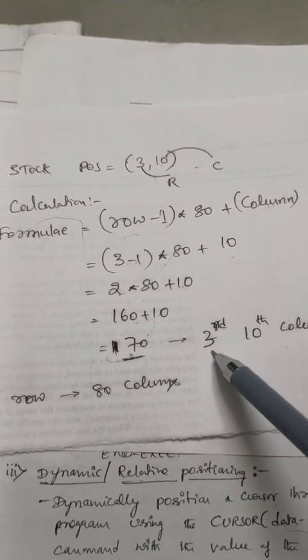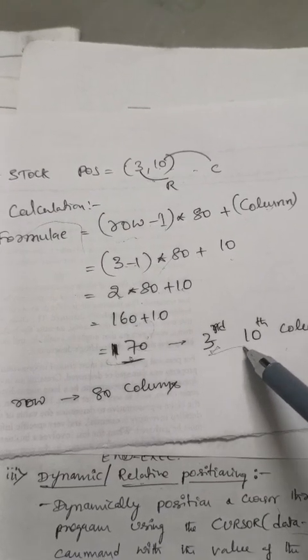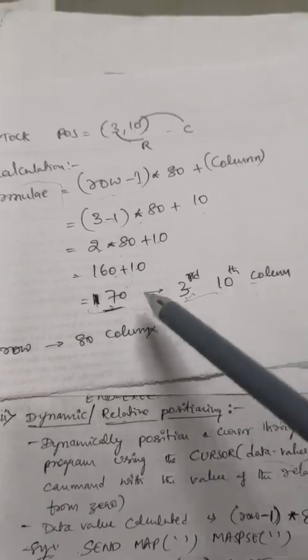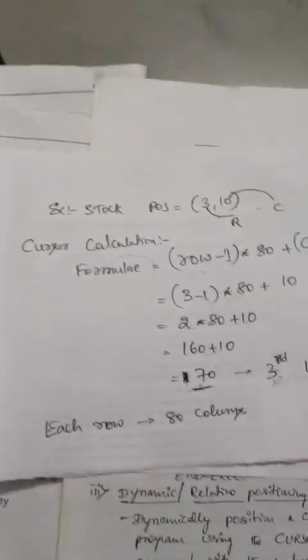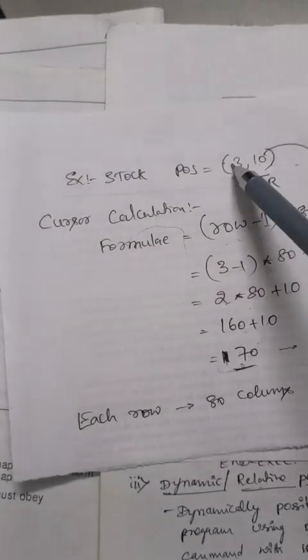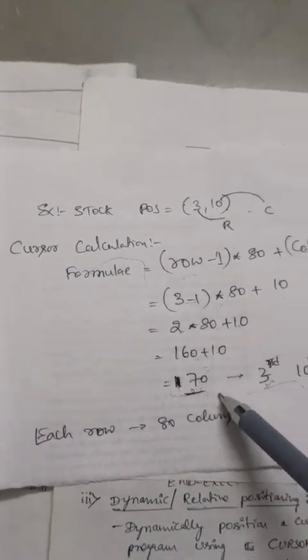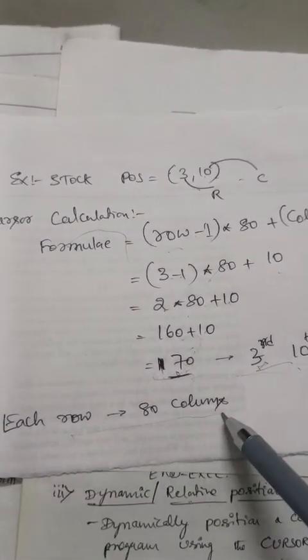And how can we validate that the third row, 10th column is 170? We can cross-verify it, because each row has 80 columns.